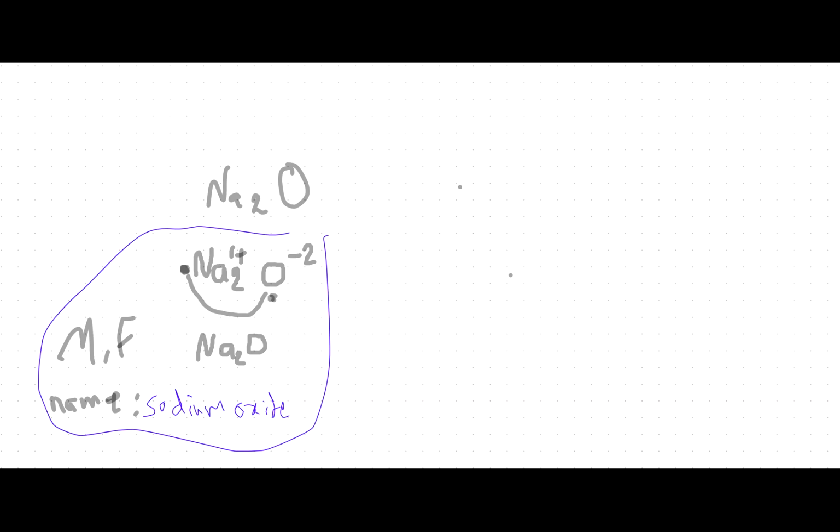And when he asks you for the Lewis dot symbol, you have to write the symbol sodium surrounded by 1 electron. Oxygen surrounded by how many? 6 electrons, because it's in group 6. This is the Lewis dot symbol. This will be the last example for the ionic. And then we have to write the ionic bond.